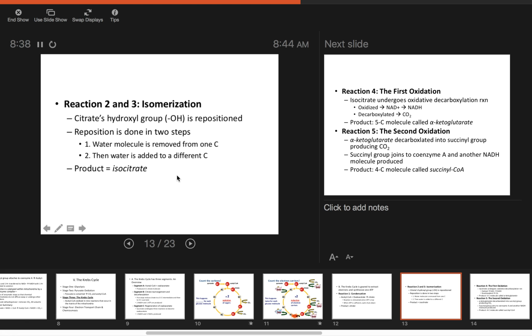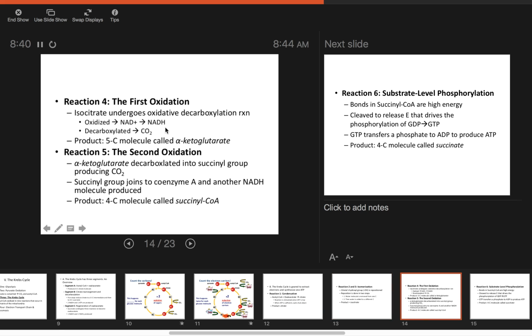I have a diagram at the very end. Reaction 4 is the first oxidation, where you cleave off a carbon and generate CO2 and NADH, and it's called alpha-ketoglutarate. So now we have a 5-carbon molecule.